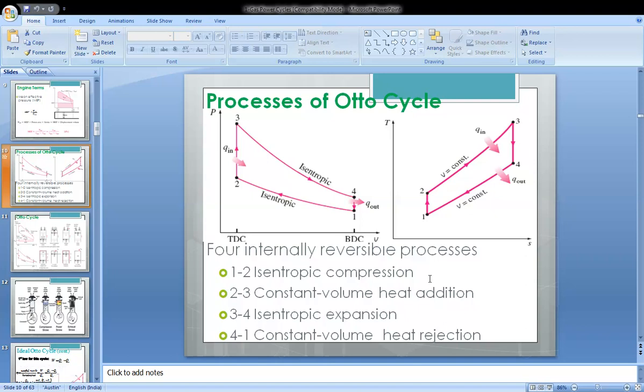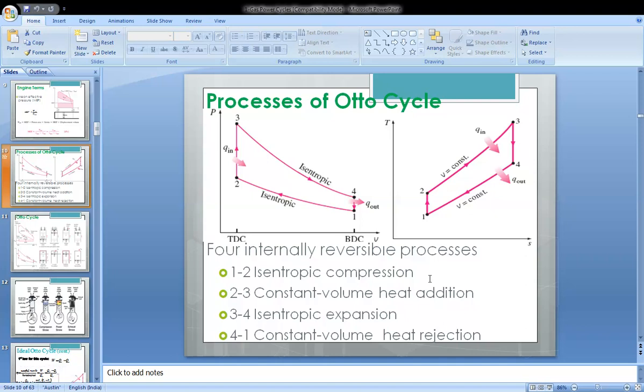The first operation, 1 to 2, is the isentropic compression process. In this process, the pure air-fuel mixture is compressed, the pressure increases from P1 to P2, and the volume decreases from V1 to V2.